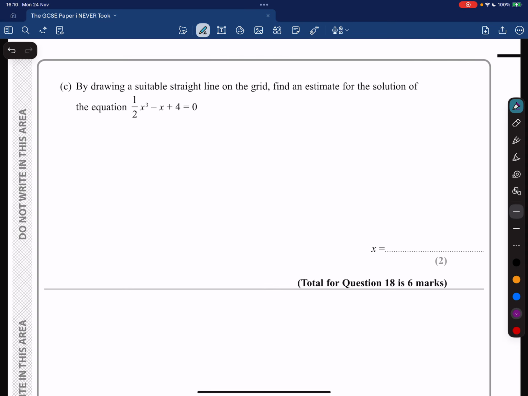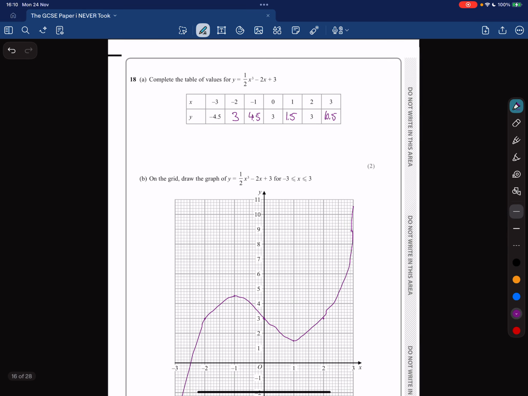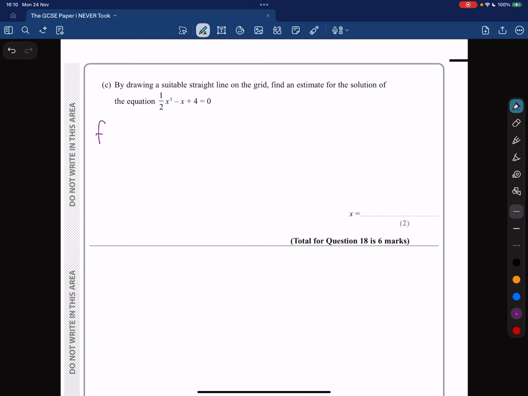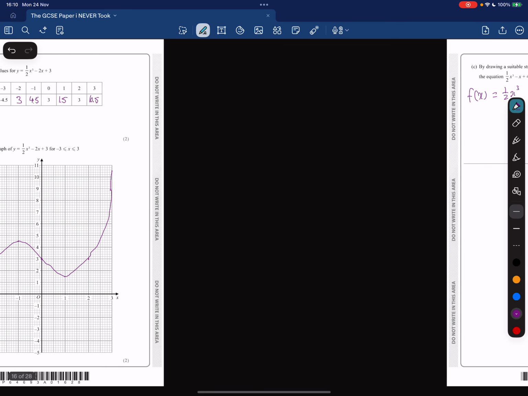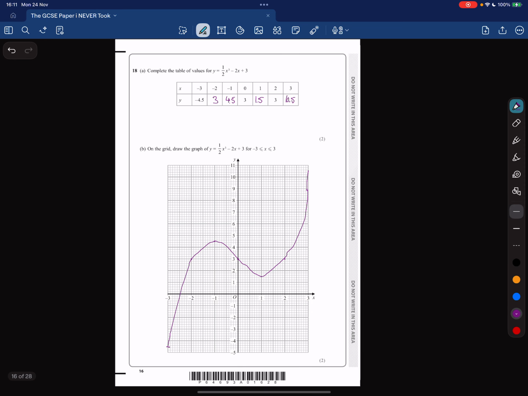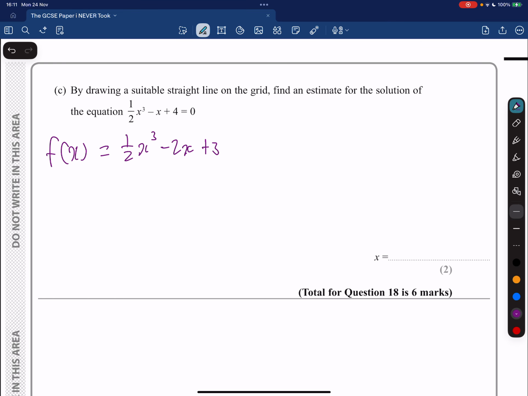By drawing a suitable straight line on the grid, find an estimate for the solution of a half x cubed minus x plus 4 is equal to 0. So we've basically gone, this is f of x, right? So we're basically saying f of x is equal to half x cubed minus 2x plus 3 is equal to 0.